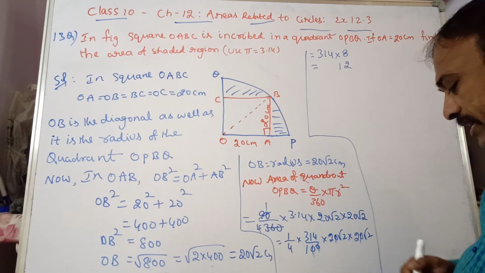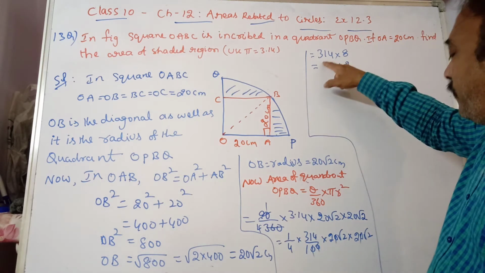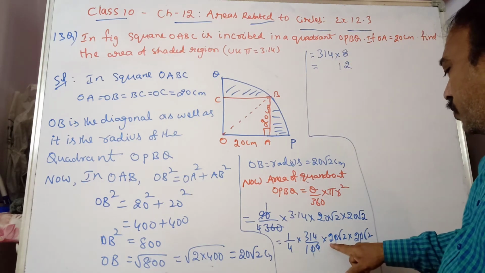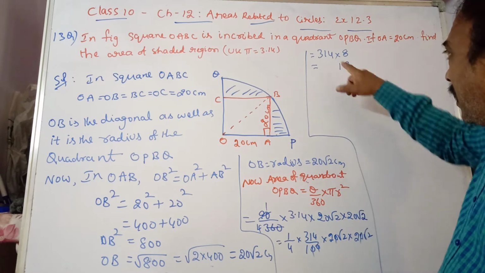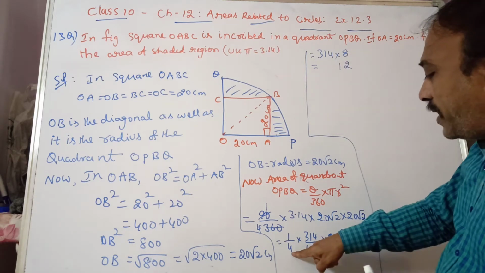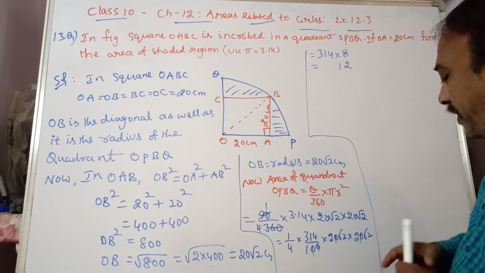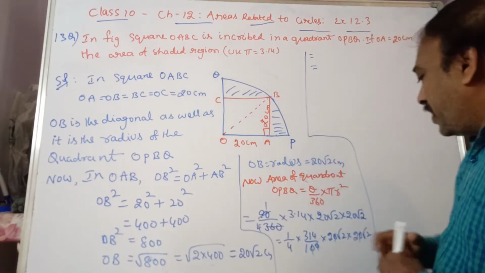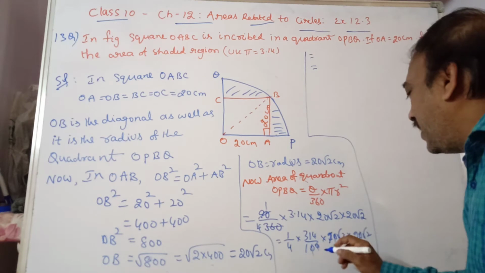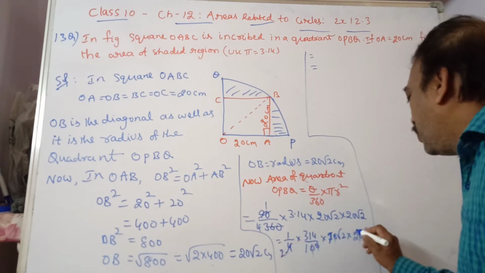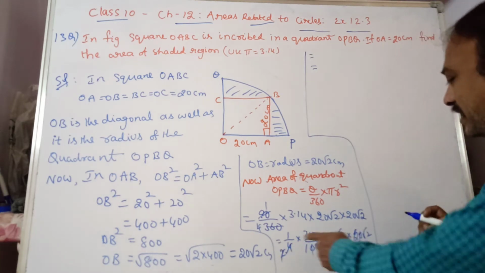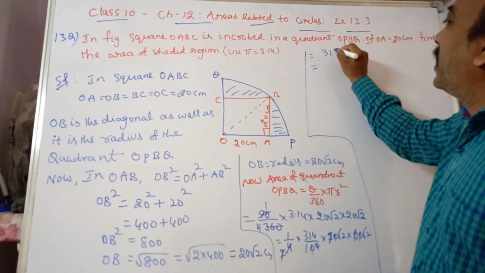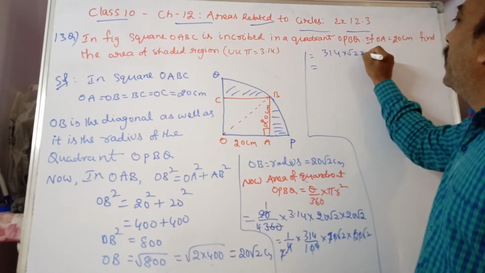So we got 314 into 2 into 2 into 1 by 4, we forgot that one. Before writing 1 by 4, you can cancel, 2 1s are 2, 2 1s are 2. So what is left over? 314 into root 2 into root 2.